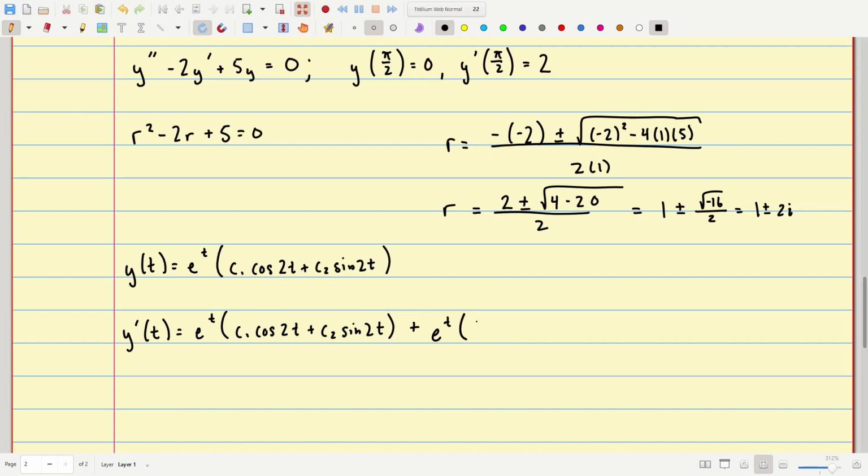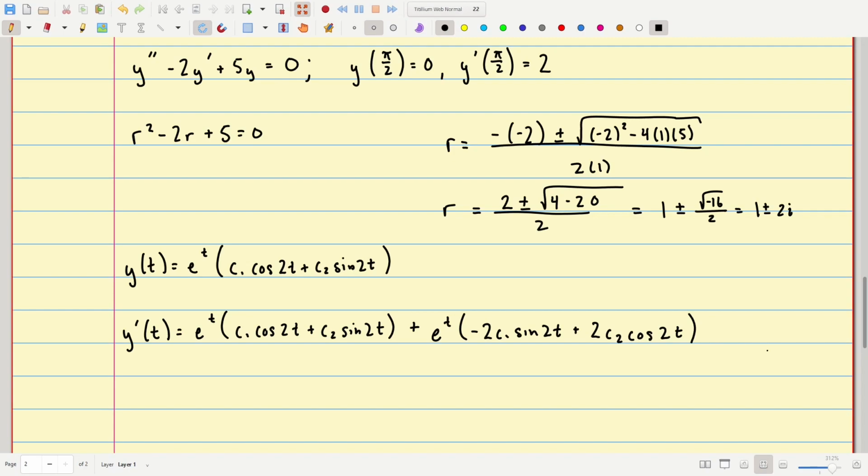So we're going to end up with negative 2c1 sine 2t. The 2 comes from the chain rule. And then plus 2c2 cosine 2t to finish all that up.